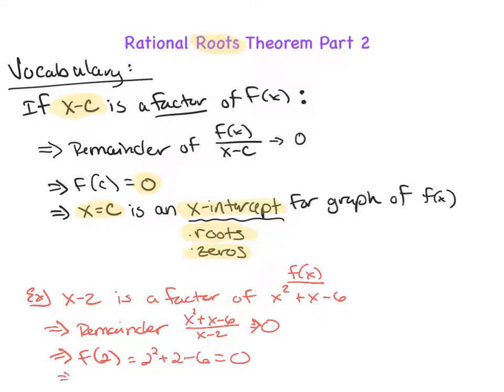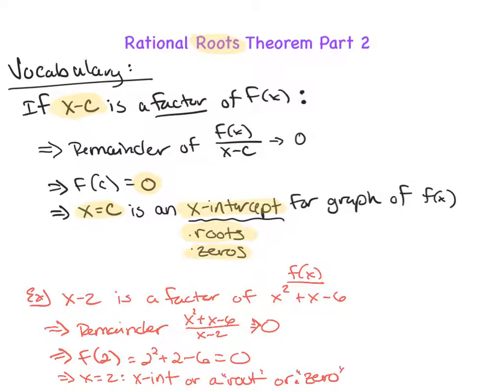That also means that x equals 2 is an x-intercept. That also means that it is a root. That also means that we could call it a 0.